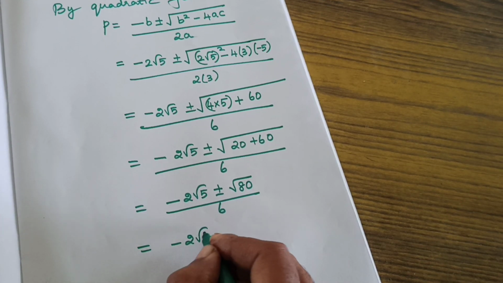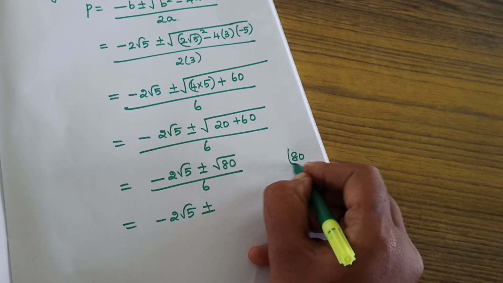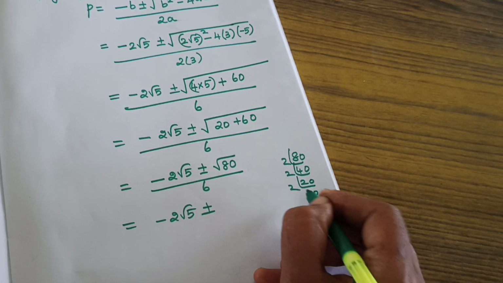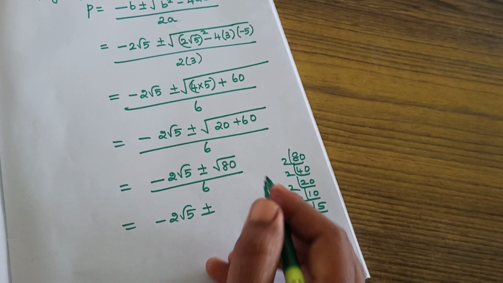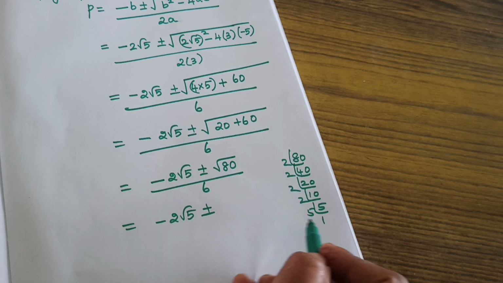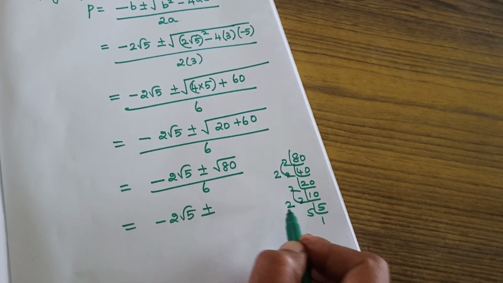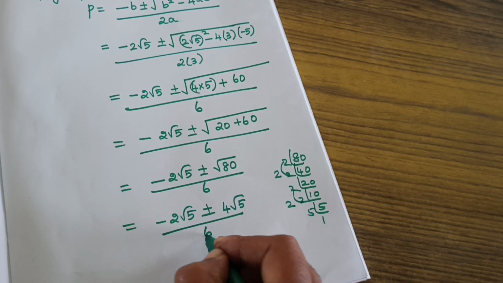equal to minus 2 root 5 plus or minus, shall we factorize this? 80, 2 40s, 2 20s, 2 10s, 2 5s, 5 1. Got it? Since it is a square root, we need to take two terms at a time. So for this 2, 2. For this 2, 2. 2 2s are 4. This one alone. So 4 root 5 by 6.